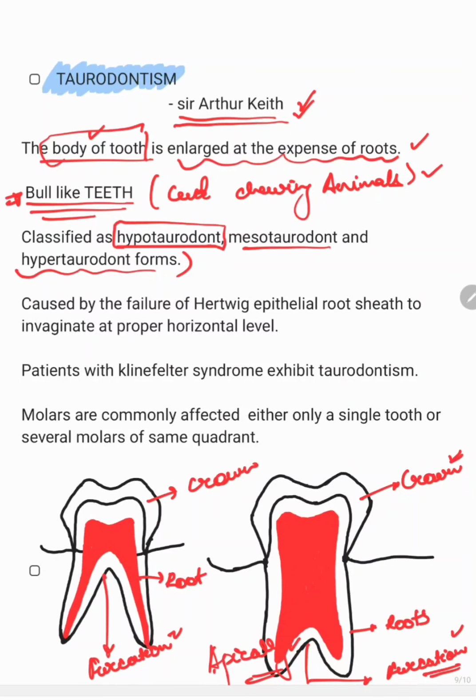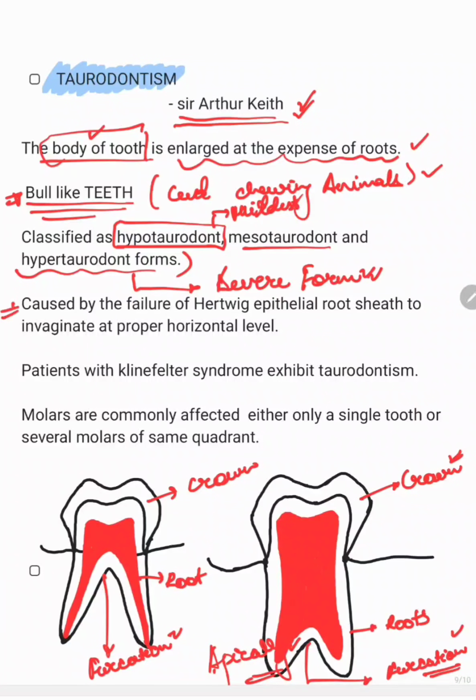Hypotaurodont is the mildest form and hypertaurodont is the severe form, in which the furcation area occurs near the apices of the roots, right?